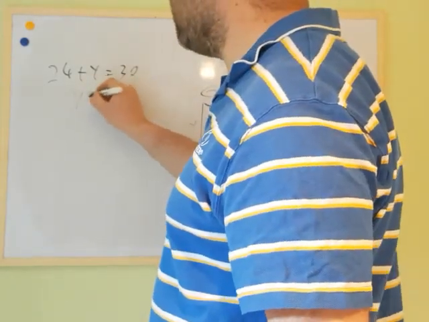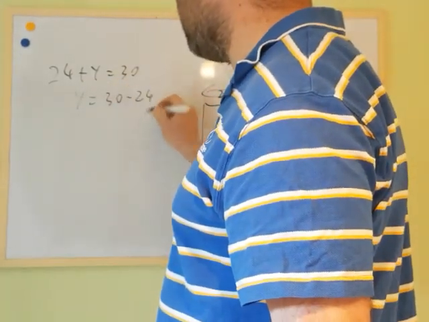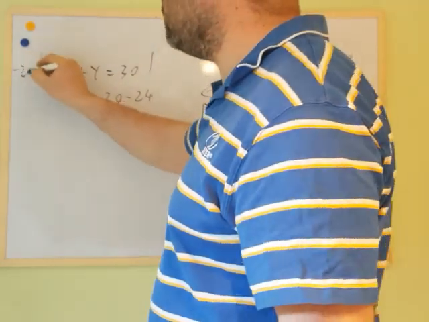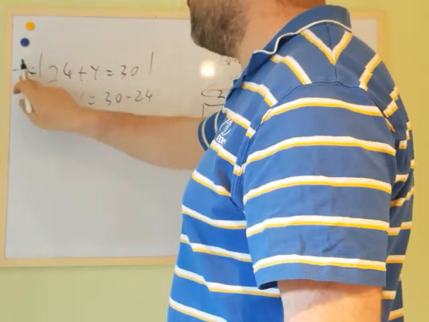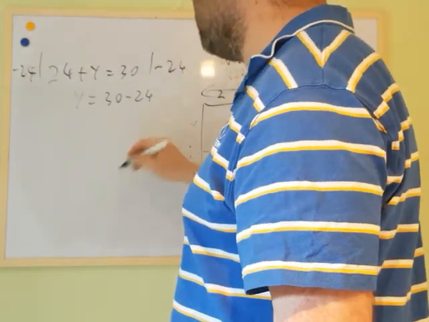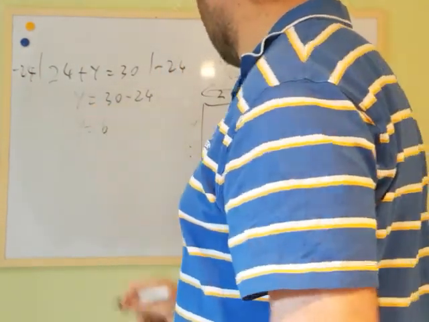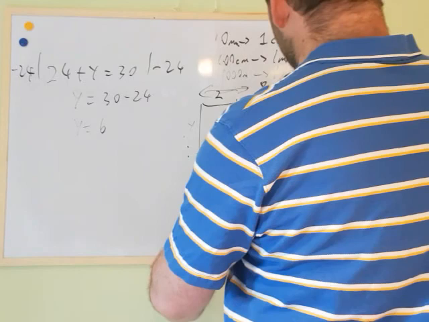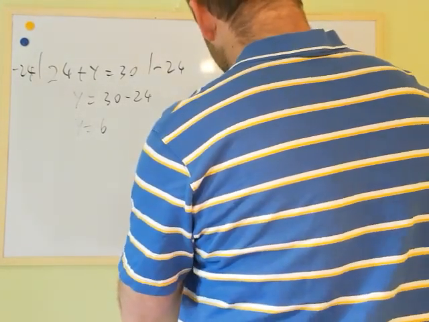So that would be the same as saying, well, y is equal to 30 minus 24. I don't want this 24 on the left, so we'll take 24 from the left-hand side. But whatever I do to one side of the equation, I must do to the other. So y is equal to 6. 30 minus 24, folks, is 6.